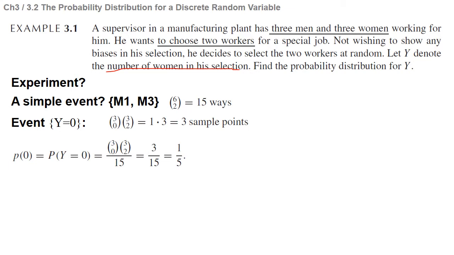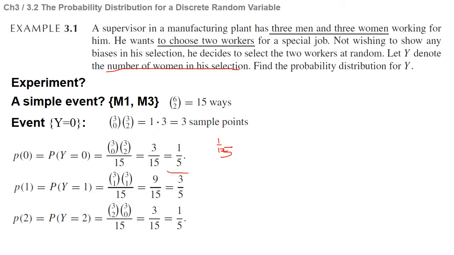And what about other events? For event Y equals 0, the related probability is this. Since we are choosing workers equally likely, the chance is the same. The chance for all simple events is the same, 1 over 15. And so the probability of random variable Y equals 0 is 1 over 5.